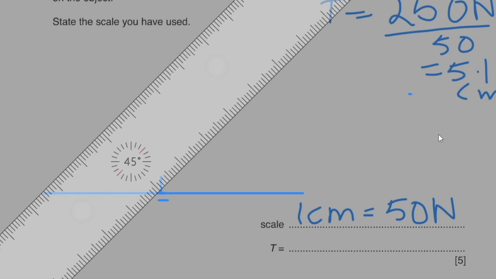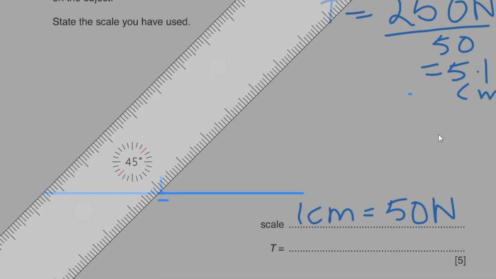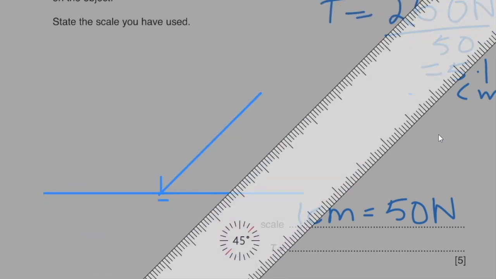But I'm not going to be drawing the diagram to scale since the space over here is not sufficient. Alright, so let's suppose this line over here is 5.1 centimeters.